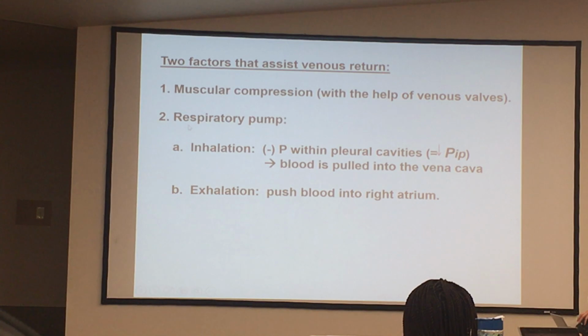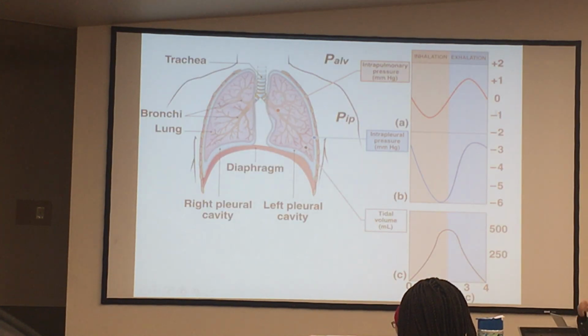And then we have the respiratory pump. During the inhalation, we decrease pressure in the pleural cavity, so PIP decreases, -3 to -6, and blood will pour into the inferior vena cava, and exhalation will help push it into the right atrium. Okay, and here is a review of this one.